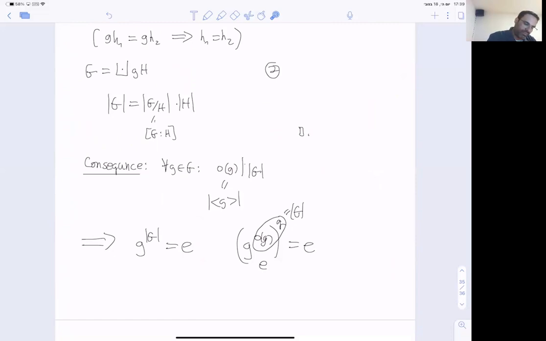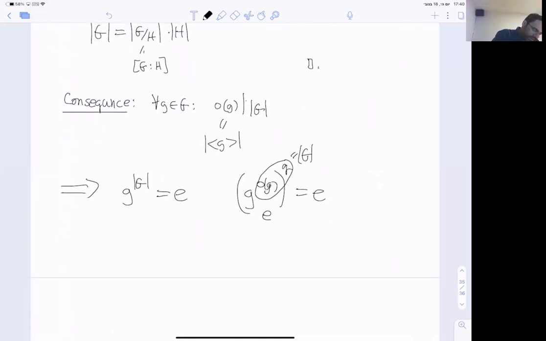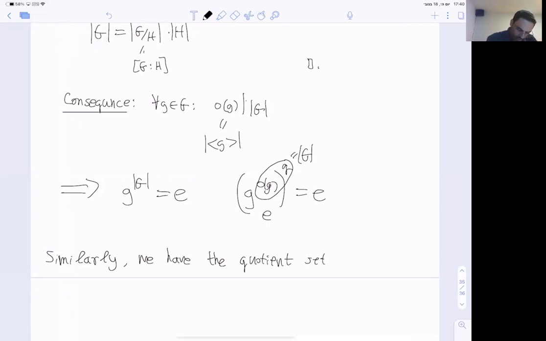Now, the same can be said, similarly, we have the quotient set from the right.